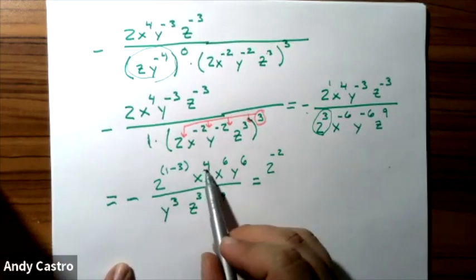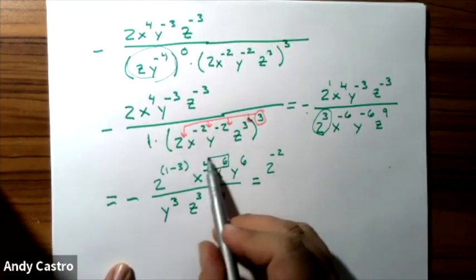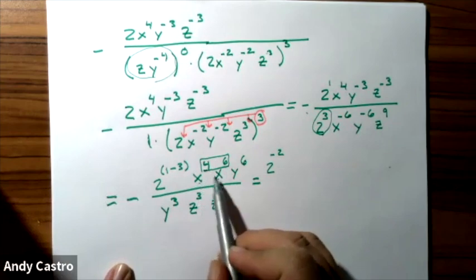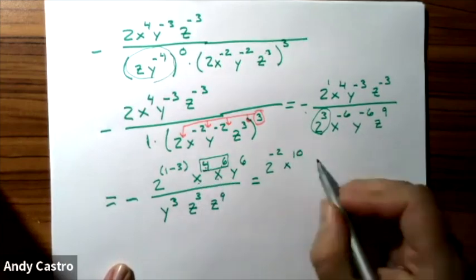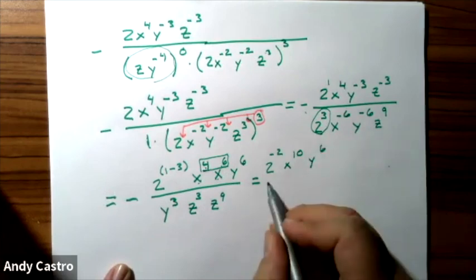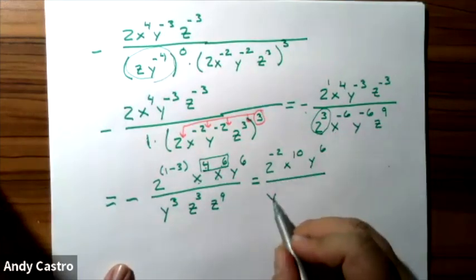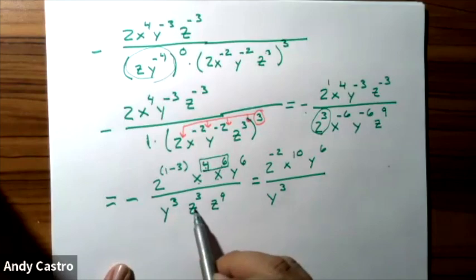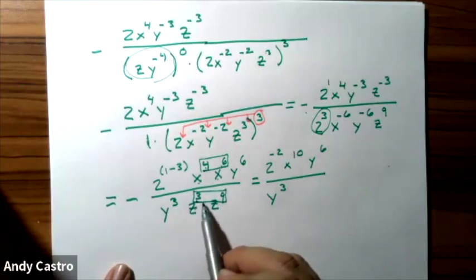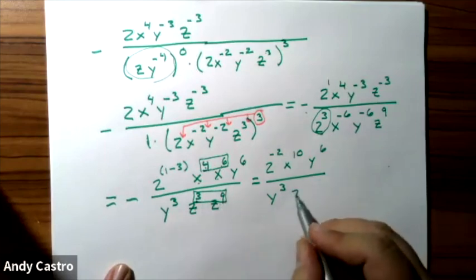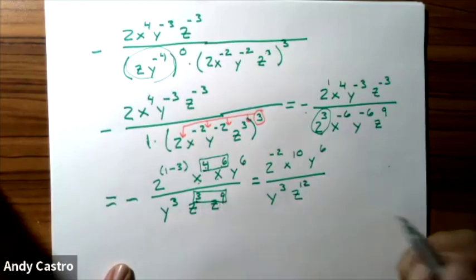But in here, we can combine these two because we have the similar base. 4 plus 6, x to the 10th, y to the 6th, over y to the 3rd. Here we have z to the 3rd, z to the 9th. 9 plus 3, that's z to the 12th.